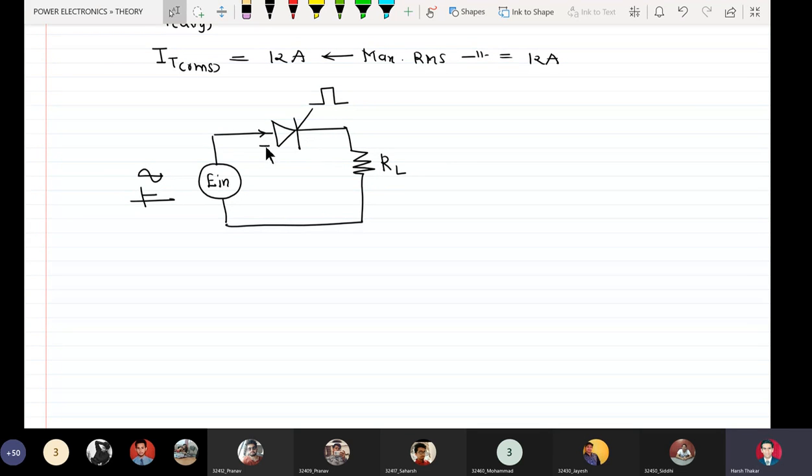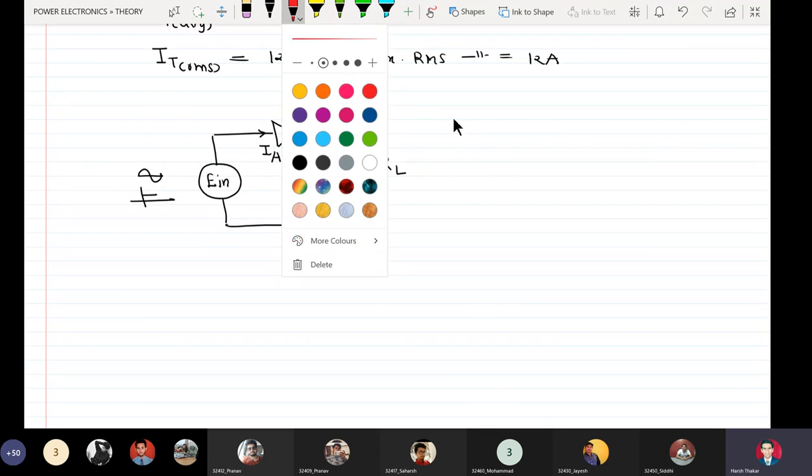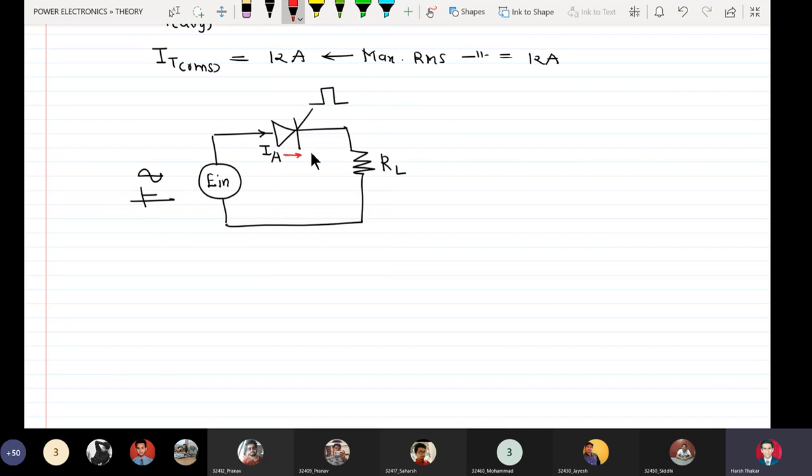This is the current flowing through the device, IA. Now I know that if I am applying an AC signal as E in, then the maximum value which is permissible is 12 amperes, and it is equal to 8 amperes if it is DC.